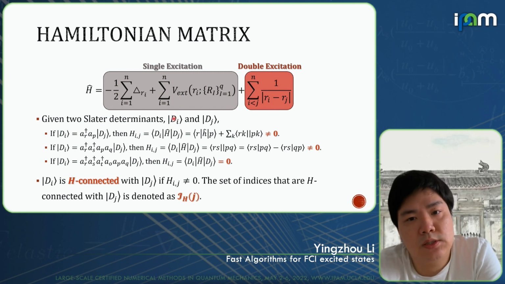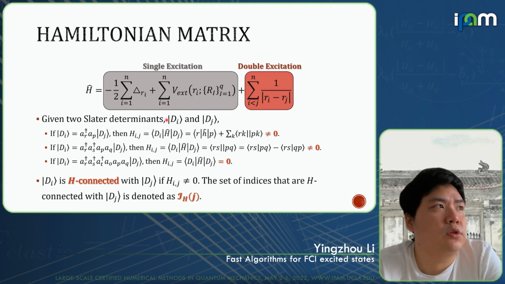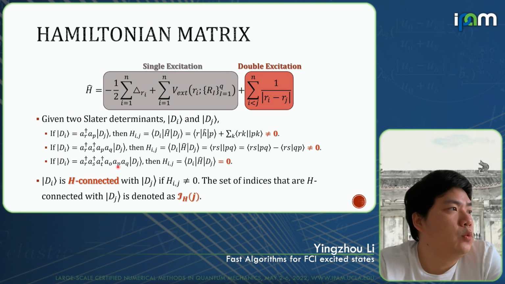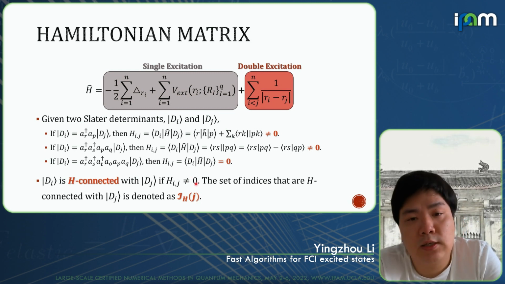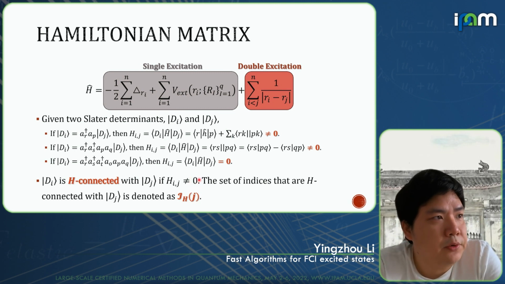Okay, so this is an extremely sparse matrix. And what we want is to find the low-lying eigenvalues and eigenvectors for this sparse matrix. We define a few terms so that we can describe the algorithm more easily later. We say DI is H-connected with DJ if the corresponding matrix entry is not 0.